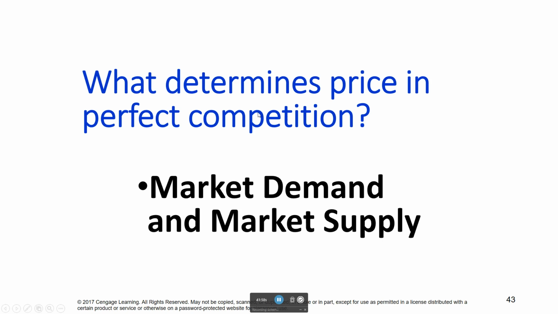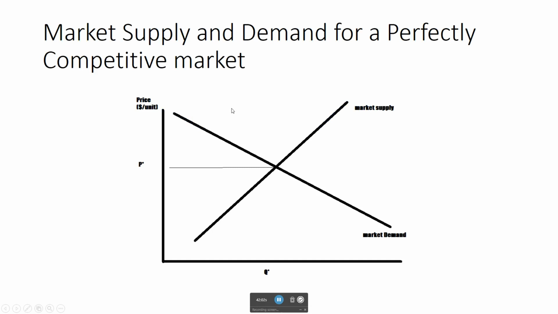So when we look at a perfectly competitive market, we want to look at the market supply and demand curves first. So this might be the market demand curve for pizzas, say in Gadsden. Here's the market supply curve for pizza.